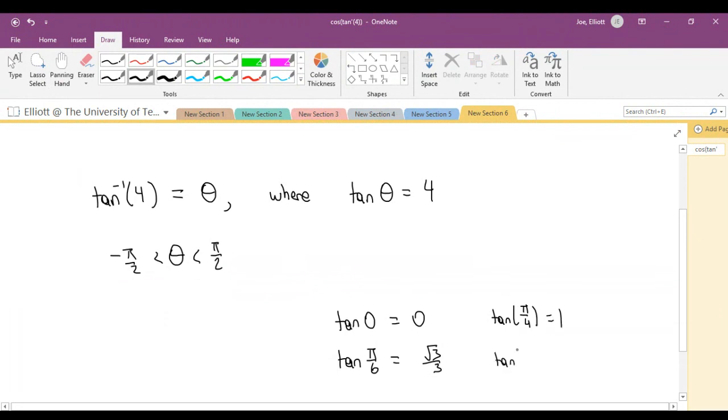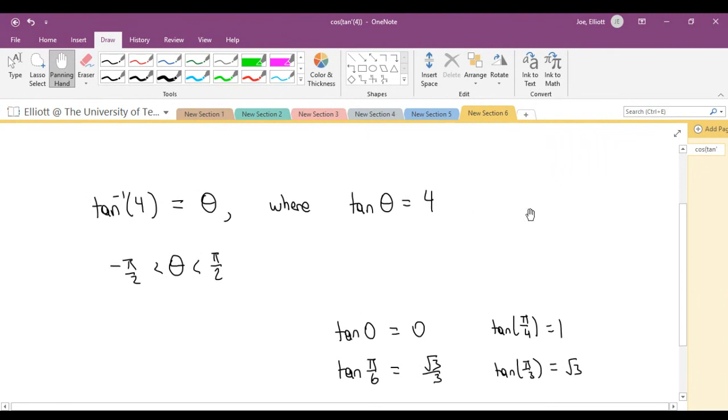And tangent of pi over 3 is root 3. And then tangent has the vertical asymptote at pi over 2. So these are essentially the only nice values of tangent that we know, at least in the first quadrant. So we don't know the angle that would correspond to a value of 4, okay?